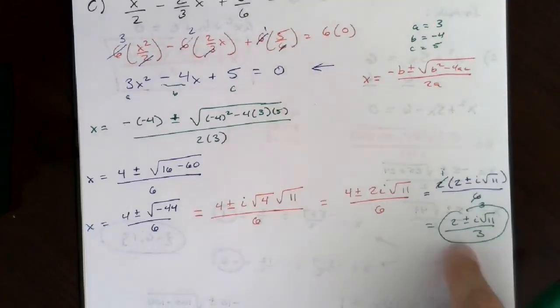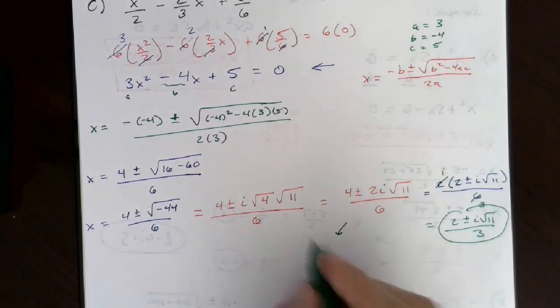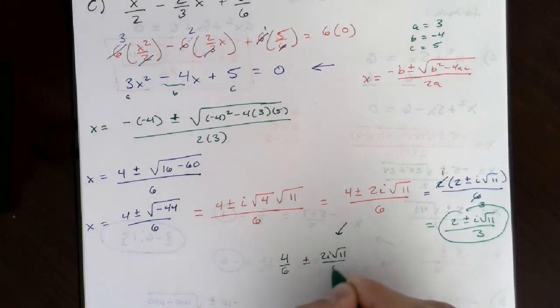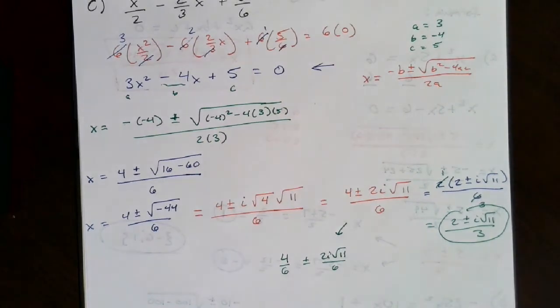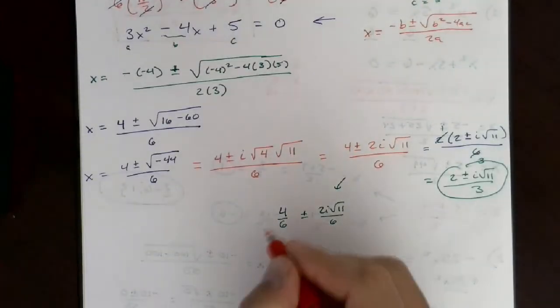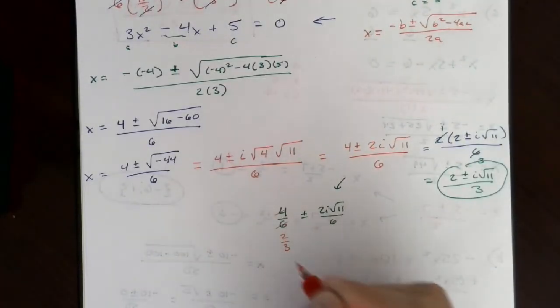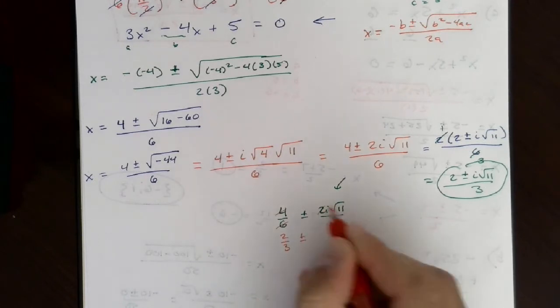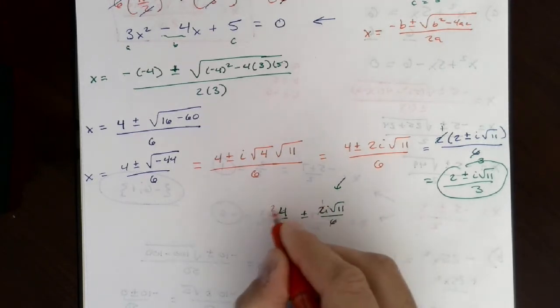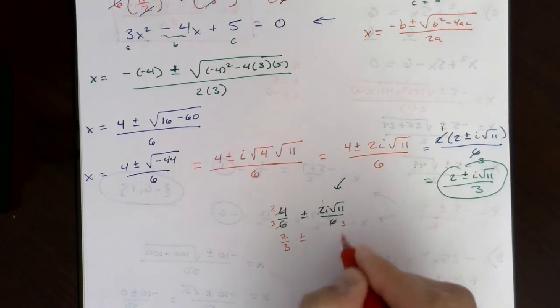If you didn't like simplifying like that, another way you can simplify this is say that you have this 4 over 6 plus or minus 2i radical 11 over 6, and then simplify each of these individually, meaning 4 over 6 simplifies to 2/3 plus or minus 2 over 6 simplifies here to 1/3.